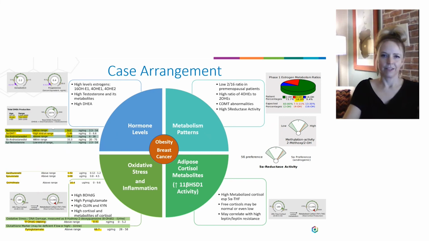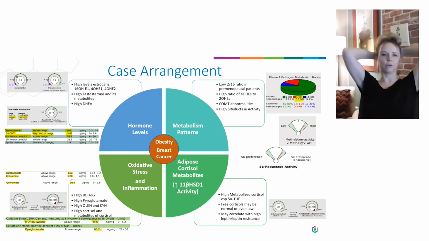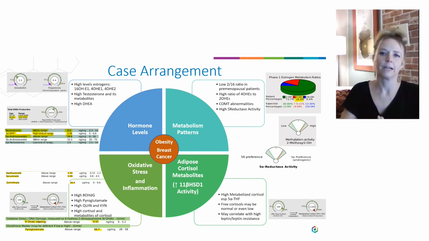Okay. So I'm kind of old school. I still like to do case arrangement on my tough cases or very complicated cases. It helps me kind of see where to concentrate. And I feel like that inflammation, oxidative stress terrain is perpetuated by a lot of those cortisol metabolites and dysfunctional adipose tissue, and that's probably the best place to start.